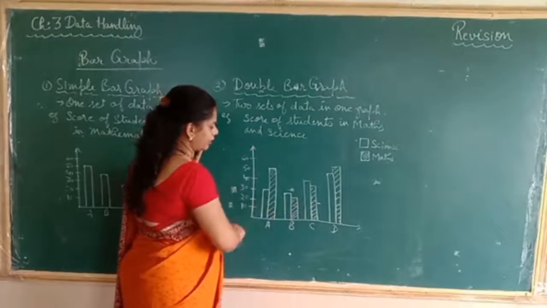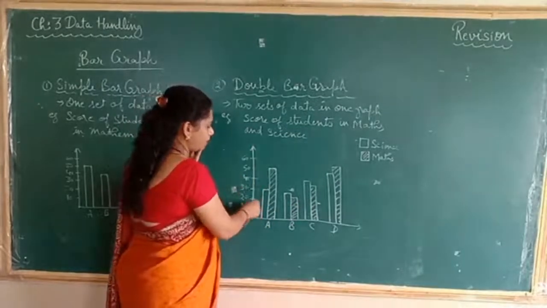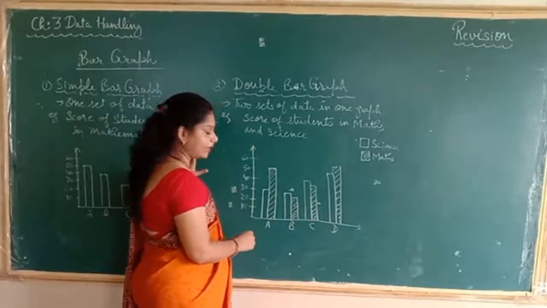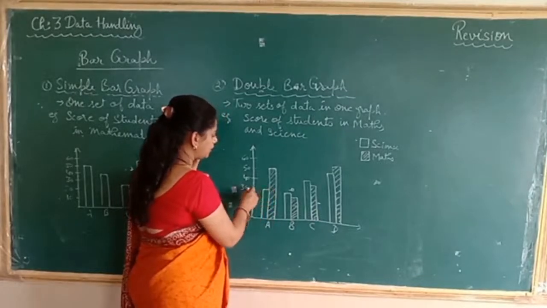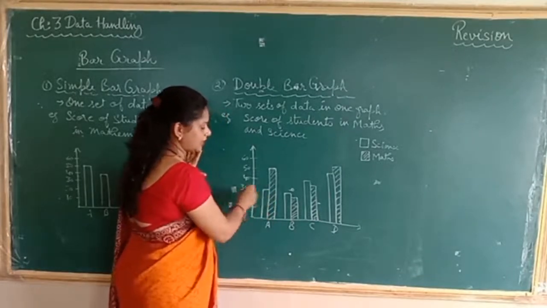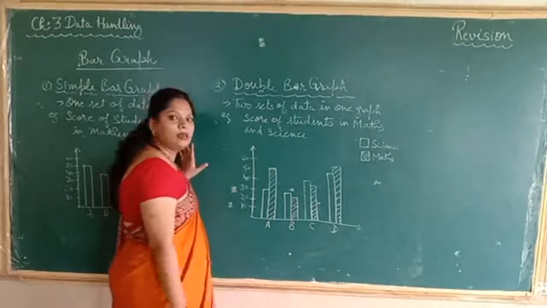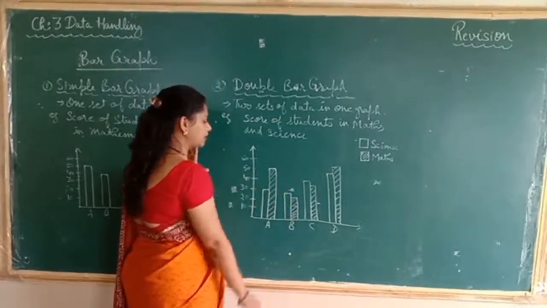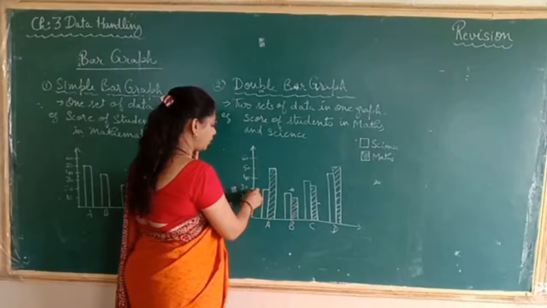Now, look at this bar graph, which is a double bar graph. Here, marks are written on the y-axis and students are on the x-axis. A student got 30 marks in science and 50 marks in maths. Similarly, B student got 30 marks in science while in maths he got 25.